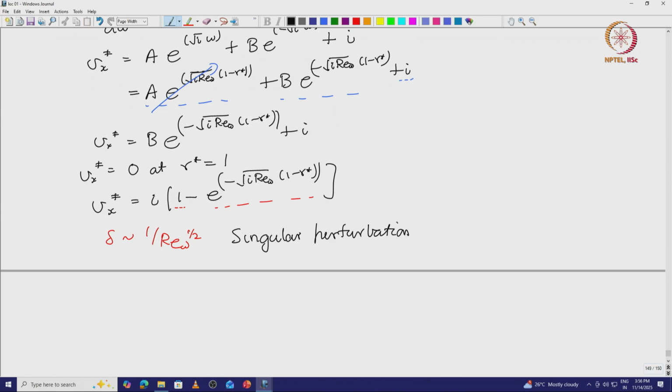Here the problem contains a small parameter. If that small parameter multiplies the highest derivative, and you set it equal to 0, then the highest derivative disappears and therefore you are not able to satisfy the boundary conditions.